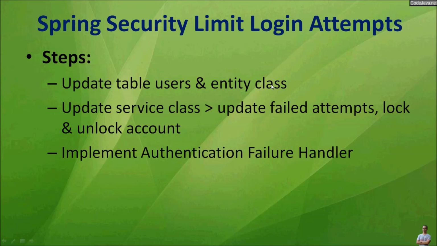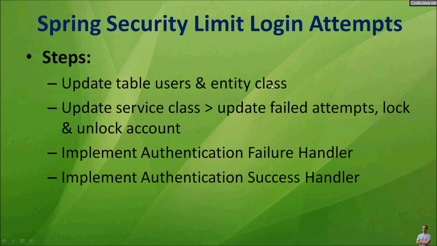And to implement the workflow, we need to create an authentication failure handler to limit the login attempts upon failed login. And we also need to implement an authentication success handler in order to reset the failed attempts number upon the successful login.